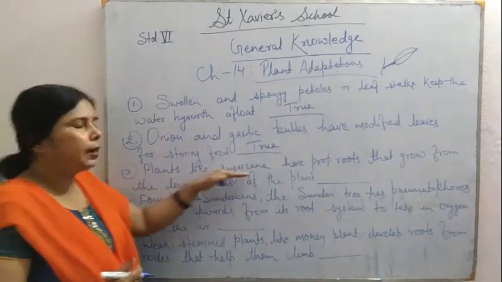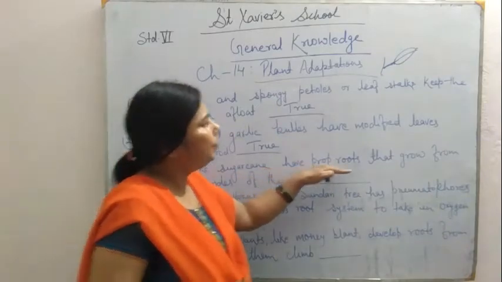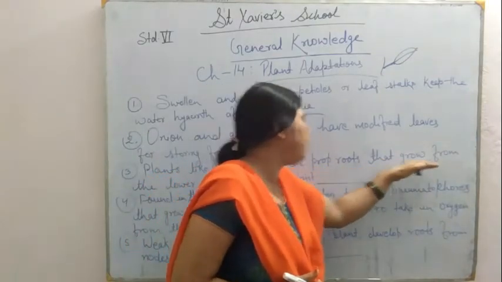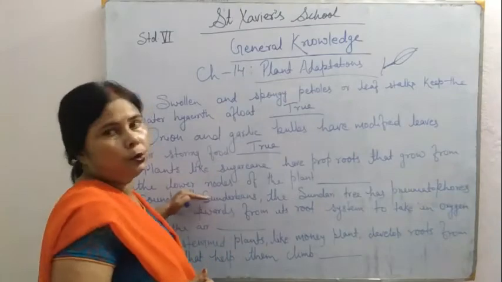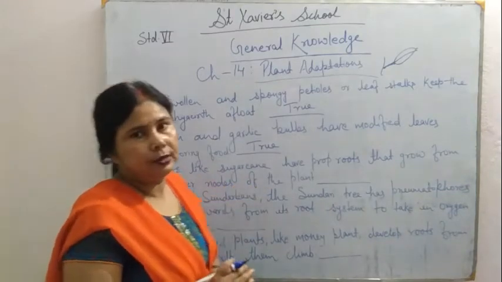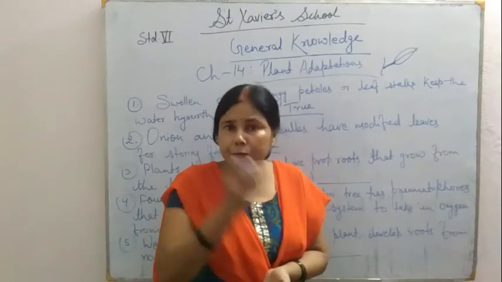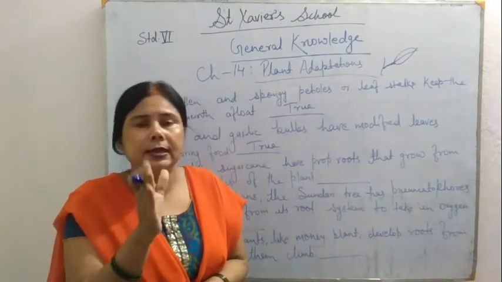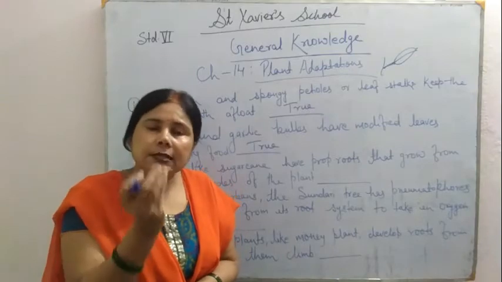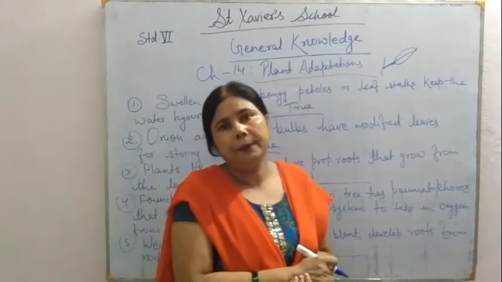Plants like sugarcane have prop roots that grow from the lower nodes of the plant. Children, have you seen the plant of sugarcane? If you have seen, you must have seen some roots arising from the nodes of the plant.